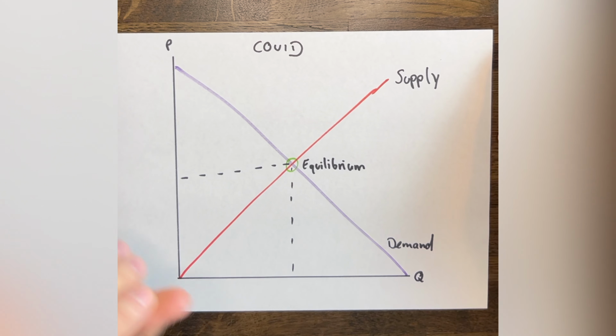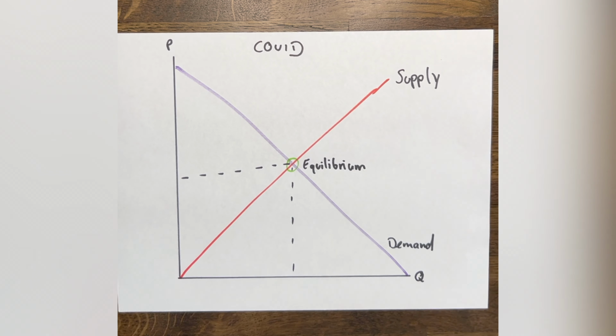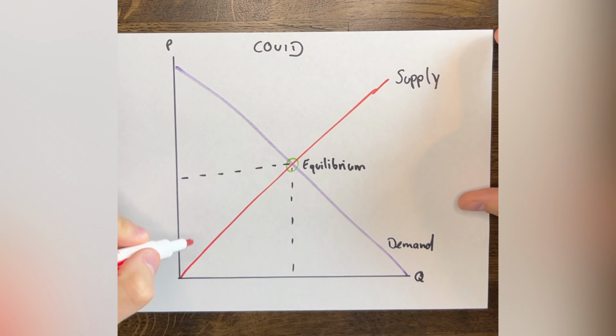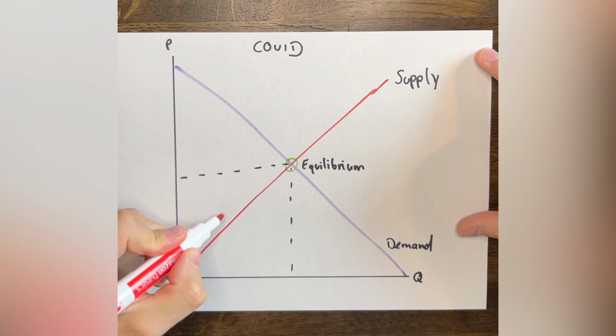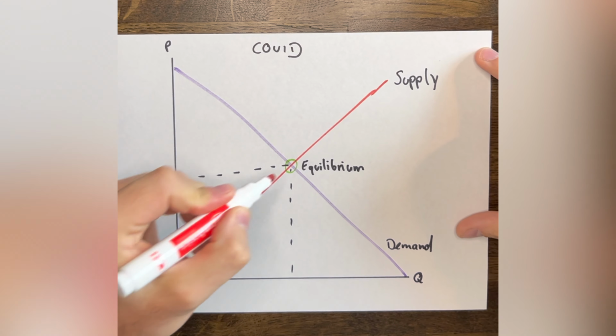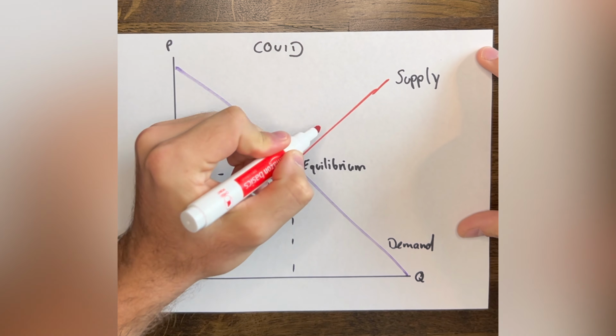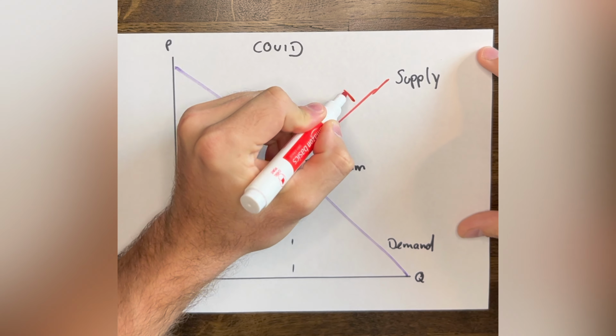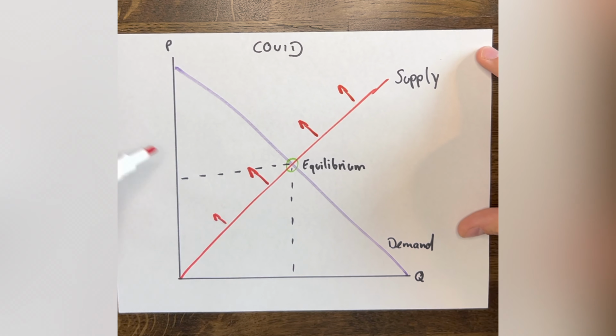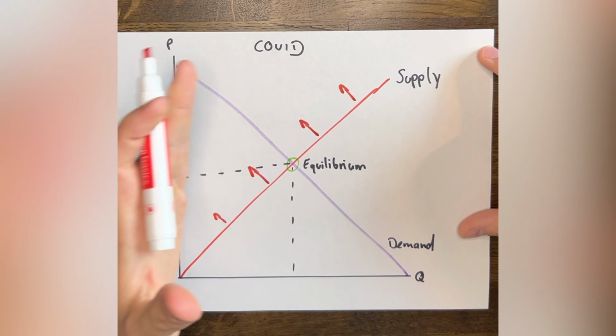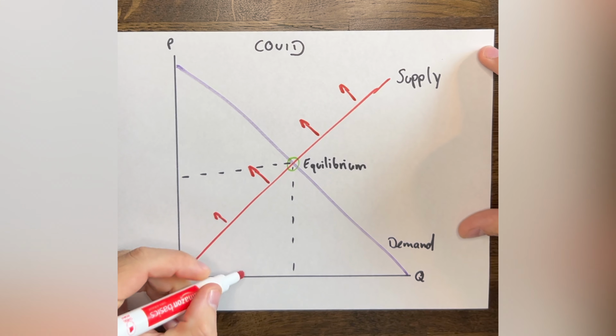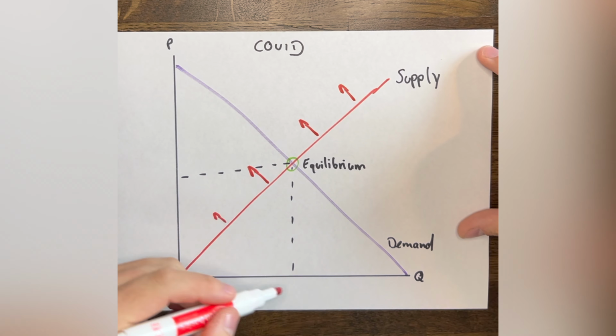And so this whole supply line actually completely gets shifted to the top left. Okay, so we're shifting this here to the left because this would indicate that there is going to be less supply.